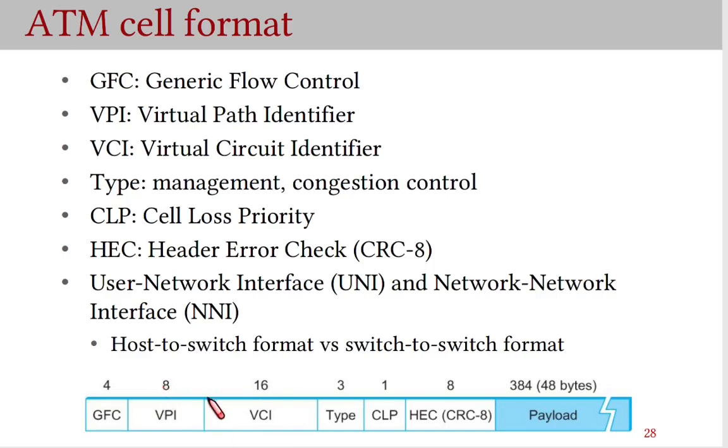In ATM, they are divided into two pieces to enable hierarchy. So circuits with the same VPI are routed similarly. And within a single VPI, different circuits are identified using different VCIs. And note that the payload is a fixed size, as I mentioned before, 48 bytes. There is some more discussion of ATM in the textbook.